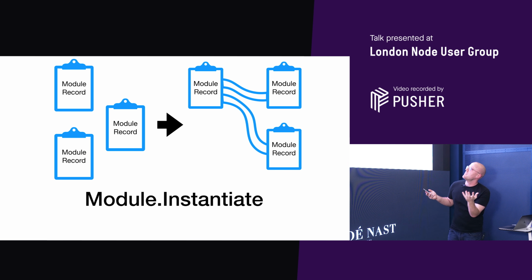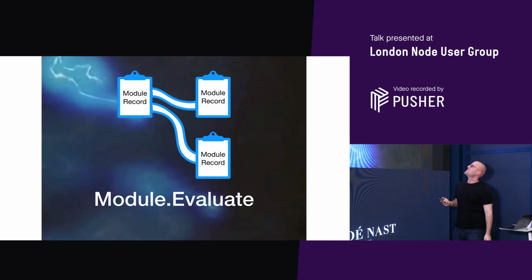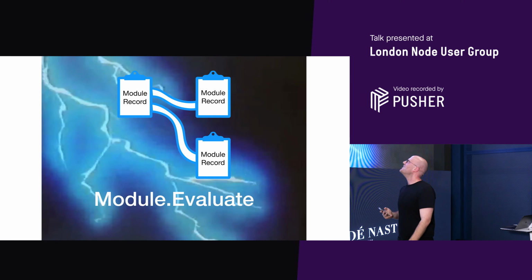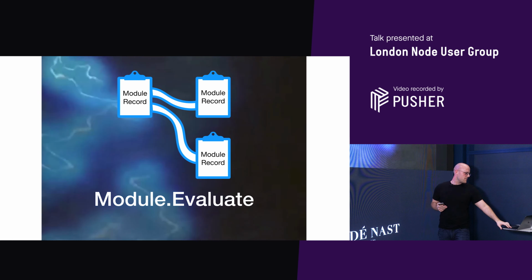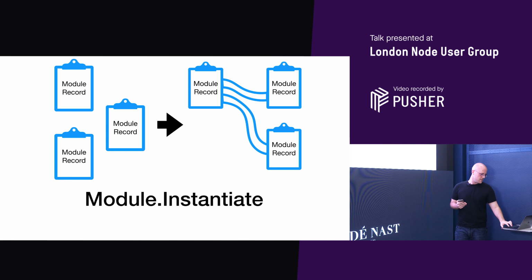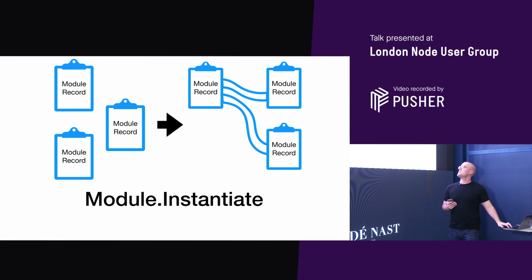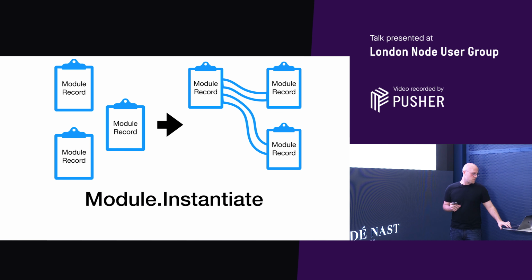This is where we get these module records that we parse out of those files and actually start connecting them all up. Standard, makes sense. And then module.evaluate. It all goes live and code starts executing. Super cool. So just those three: parse, instantiate, evaluate.